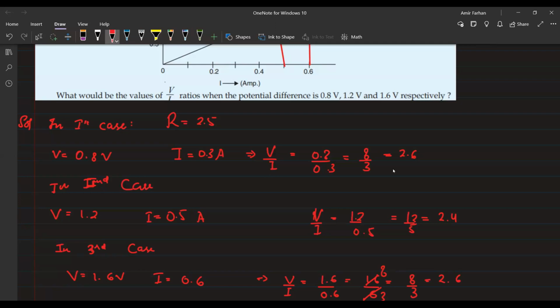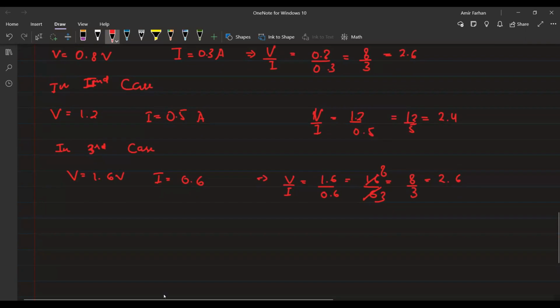So if you take the average of this, it would be 2.6 plus 2.6 plus 2.4 divided by 3. So the average comes out to be 2.5. So basically, your average resistance will be equal to 2.5 ohm. Clear?